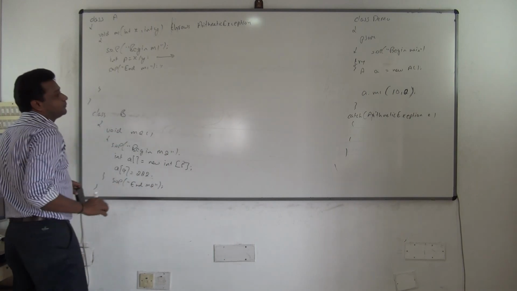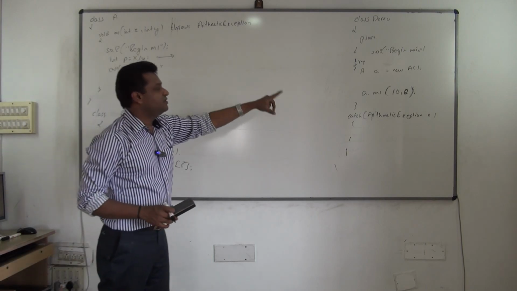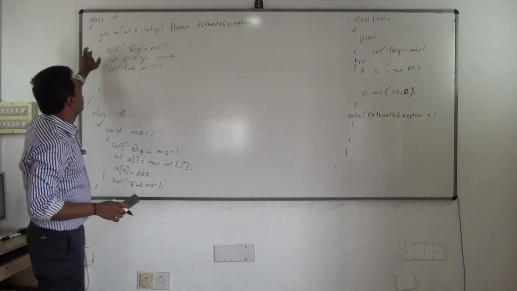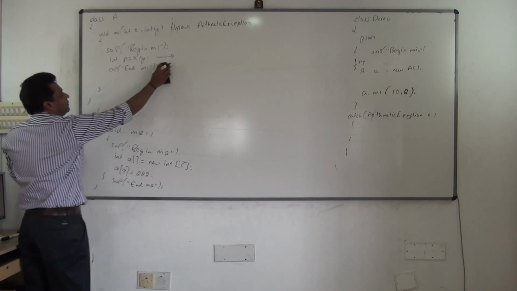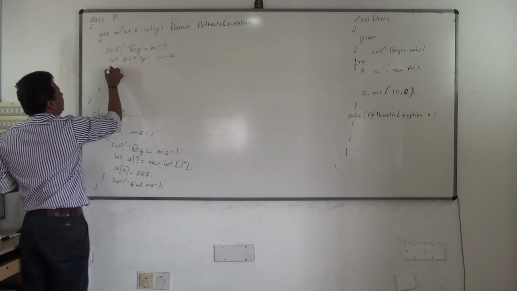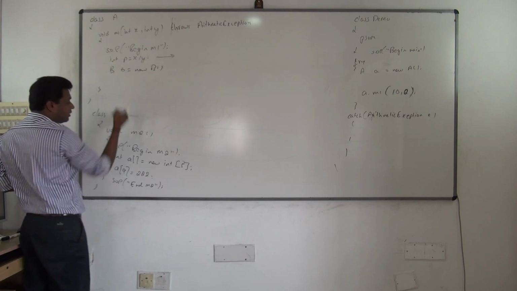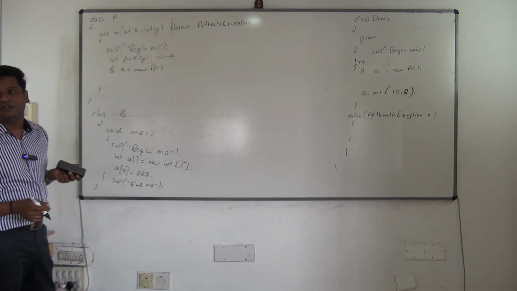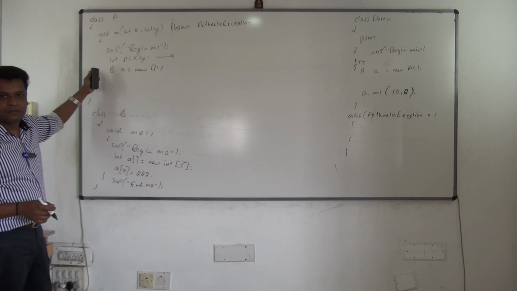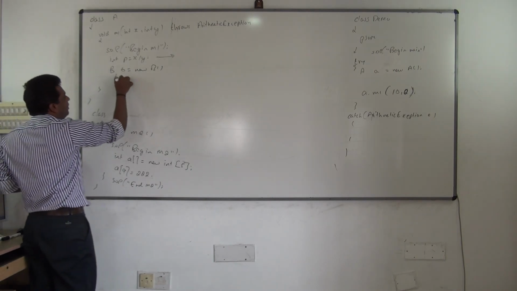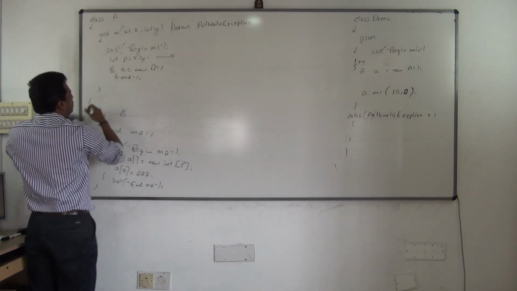See, now see the flow. I call A = A.M1. Now what is the M1 method going to do? It will say B b = new B. This method will call the M2 method, but to call the M2 method, what should it do? Create an object, and it will call b.M2.